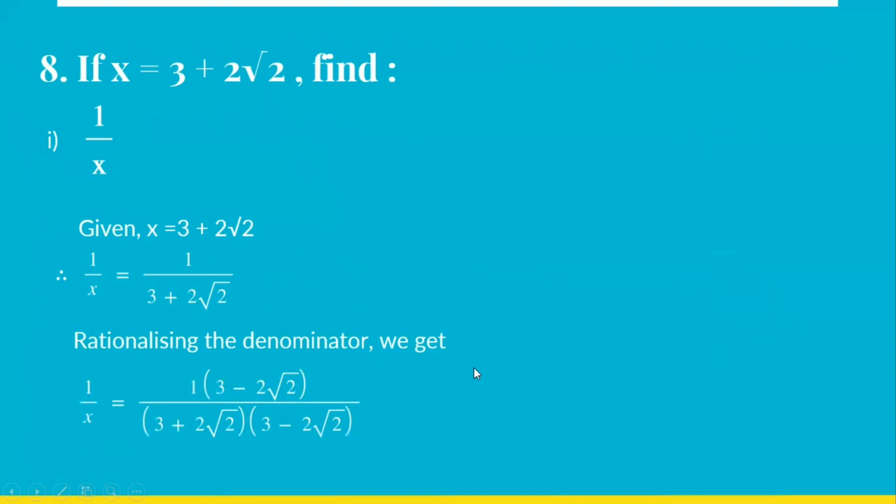Now here you have the identity a plus b into a minus b, which is a square minus b square. So 3 square minus 2 root 2 square, where 3 square is going to be 9 and 2 root 2 square is 4 into 2, which is going to be 8, since root 2 square is 2.